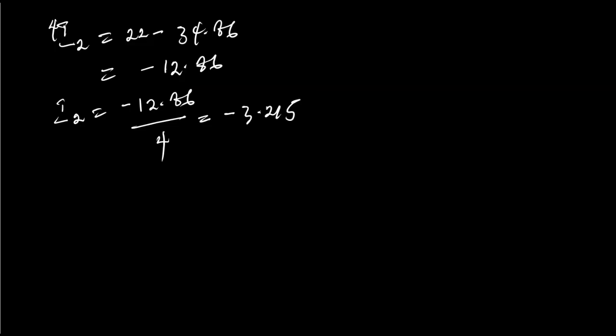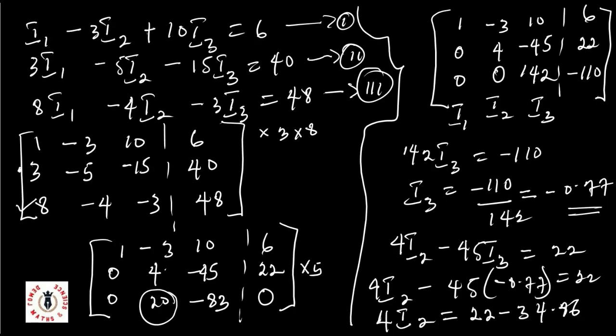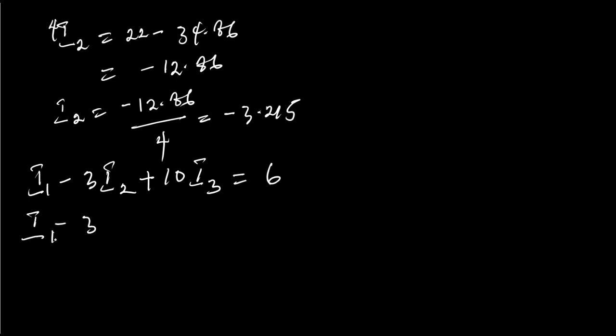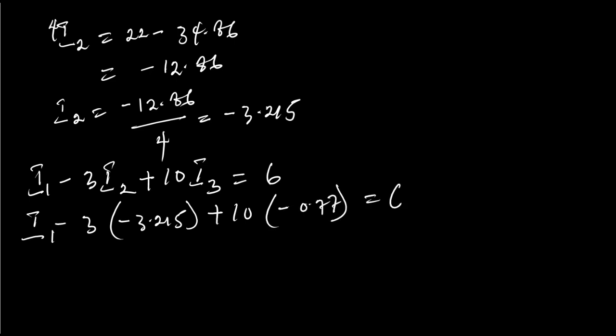Now let's take the first row to pick our I1. That will come from I1 minus 3 I2 plus 10 I3 is equal to 6. So that's I1 now minus 3 times minus 3.215 amps plus 10 into minus 0.77 is equal to 6.